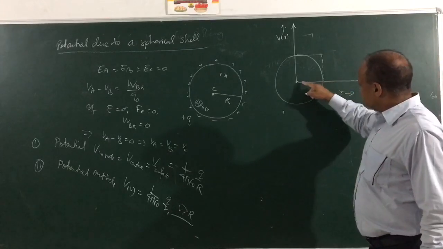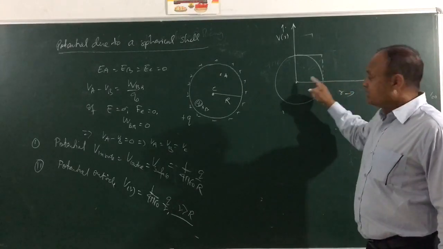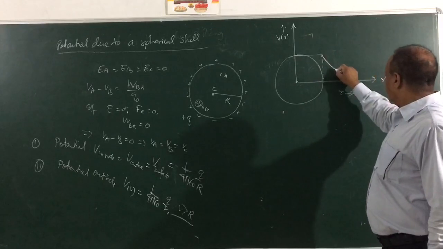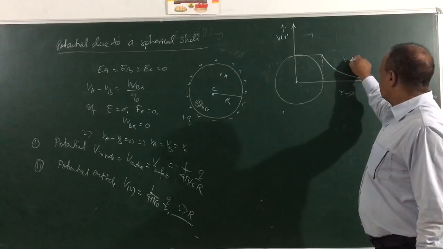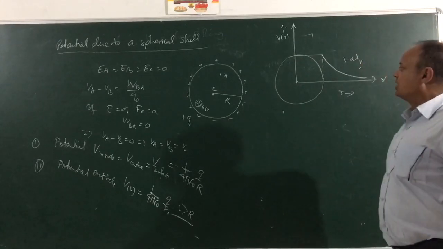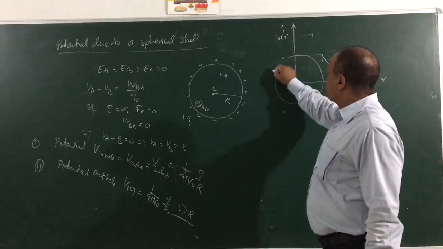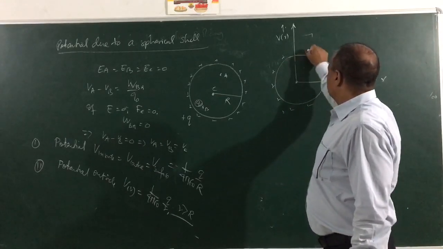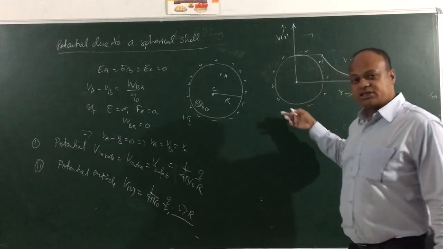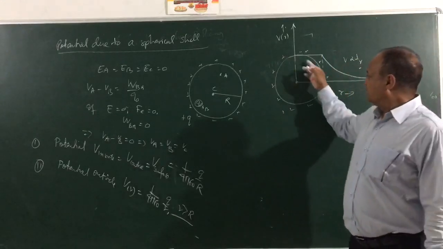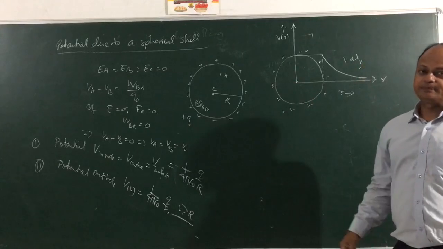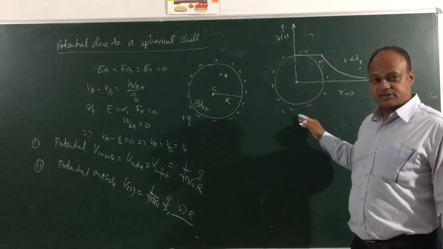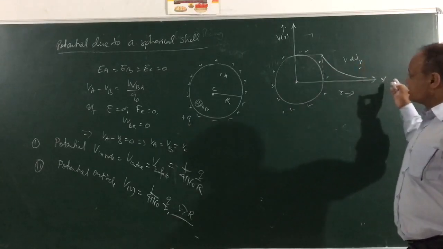On the surface as well as inside, potential is the same. As you go outside, the potential decreases and varies inversely proportional to r. Children, you have to remember, this is a very important property: potential anywhere on the surface, inside, as well as at the center is the same as it is on the surface. And as we go outside, the potential decreases.